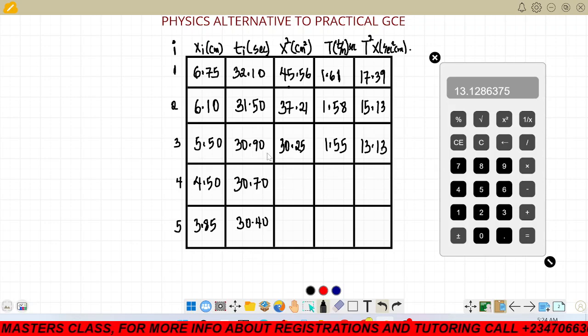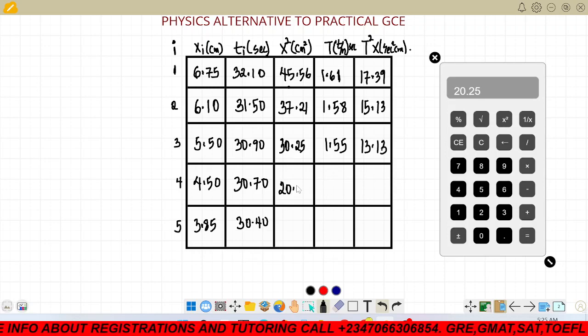Now, the next one is the fourth one, 4.50. I'm going to square that. That is 20.25. If I've done that, I am going to divide the time here, 30.70, by the number of oscillations, which is 20 oscillations for everything. I'm dividing this by 20 oscillations.